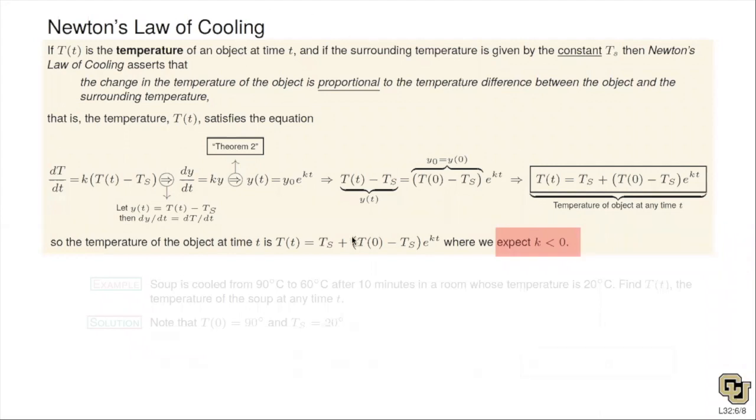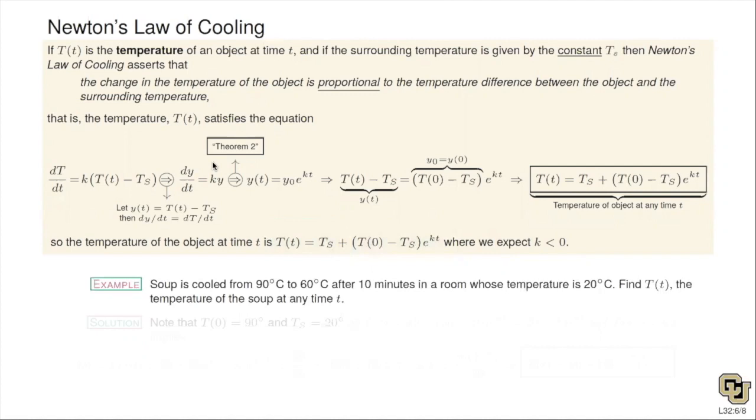So here's t goes to infinity. I'm expecting this term to go to 0. When this term goes to 0, the temperature of the object after a long time is the same as the temperature of the surrounding. So that's why I say I'm expecting k to be negative, because I'm expecting this part to decay.